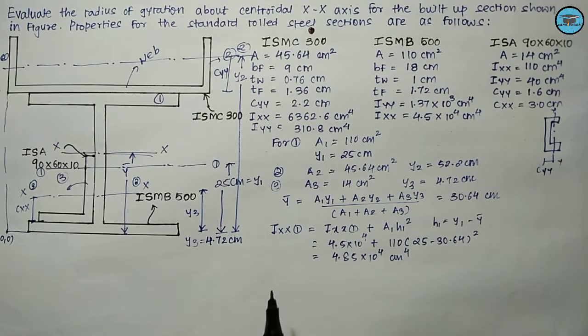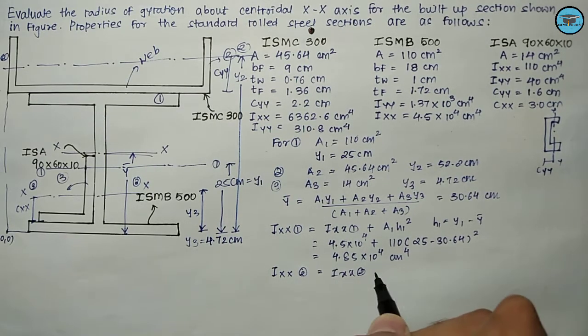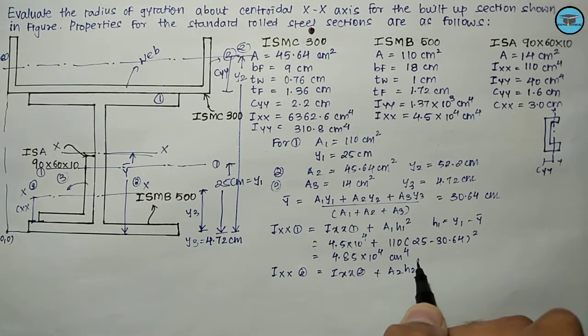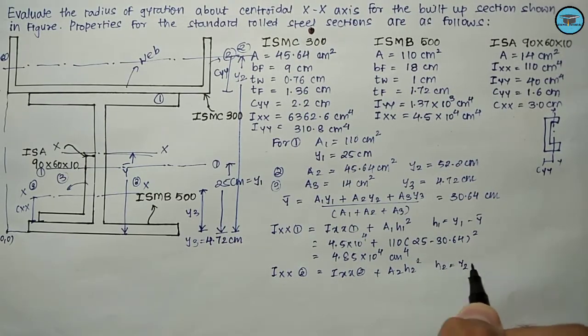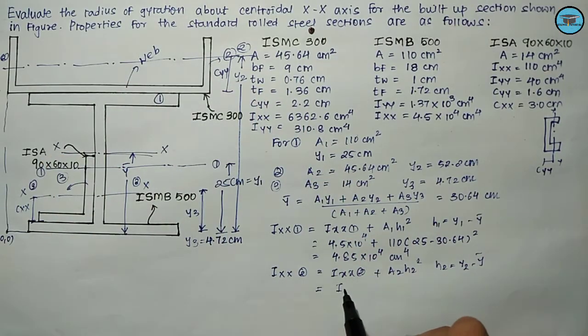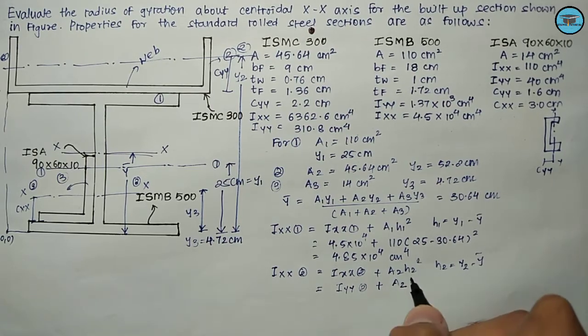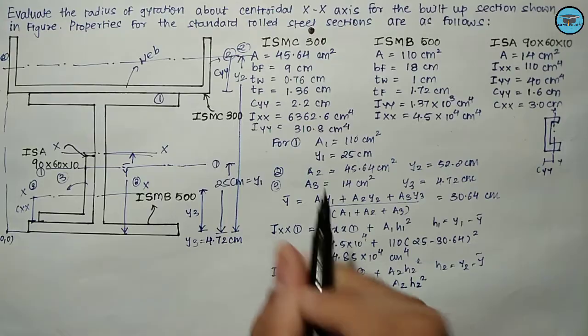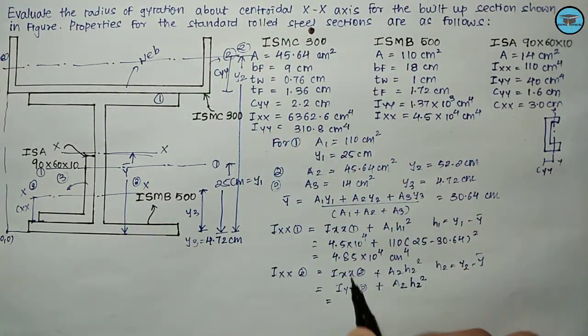Now we need to determine the value of Ixx2, and it can be given as the moment of inertia about the local x-axis plus a2 into h2 square, and h2 is nothing but y2 minus y bar. For the channel section, here it is the y axis, so actually it is Iyy2 plus a2 into h2 square. So here Iyy is nothing but 310.8 centimeter raised to 4. Here we are considering the y axis, as for the standard position this is the y axis only.